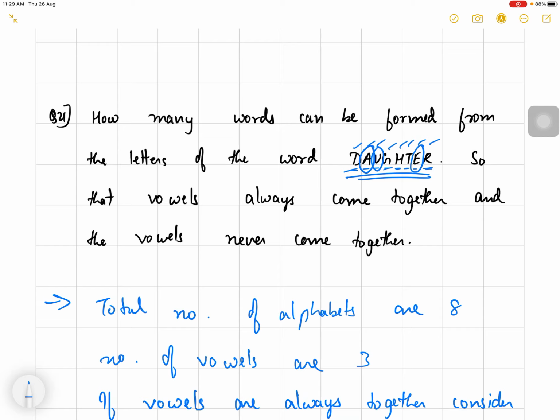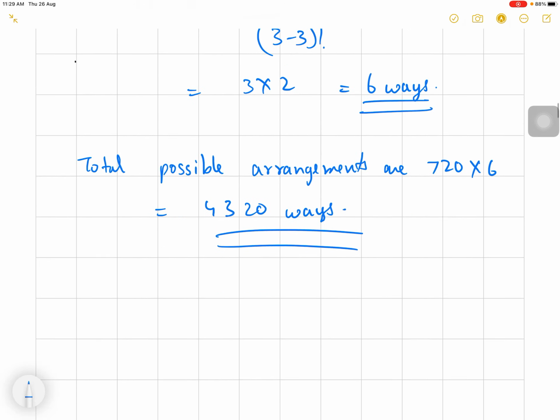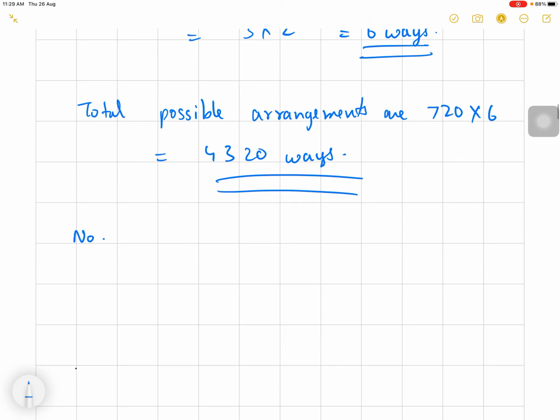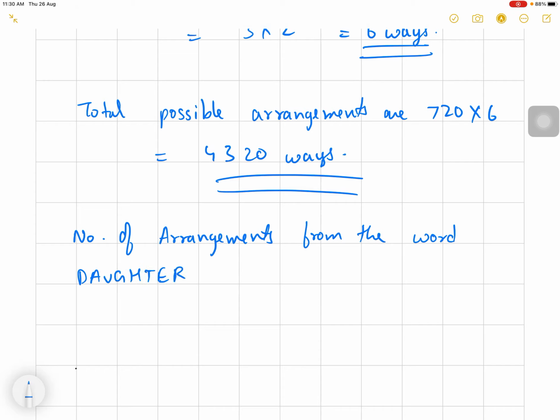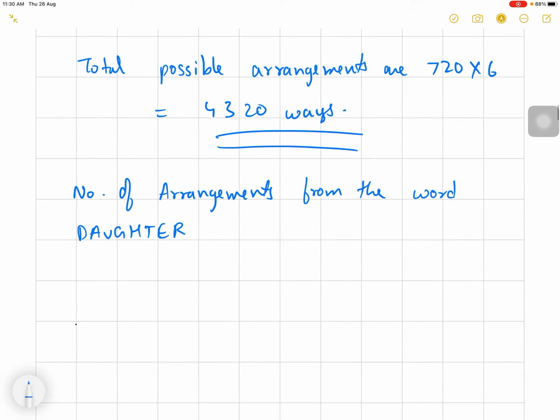Let's find out the number of arrangements from the word daughter first.